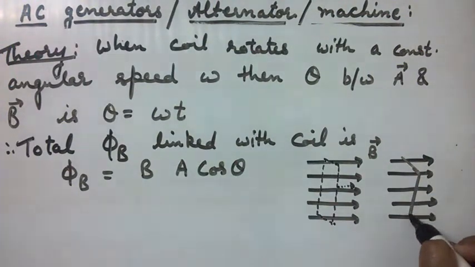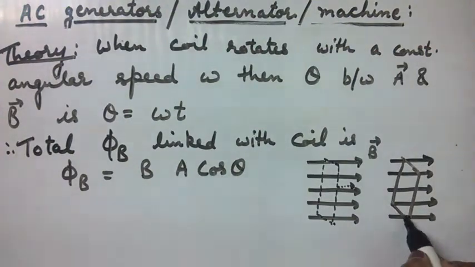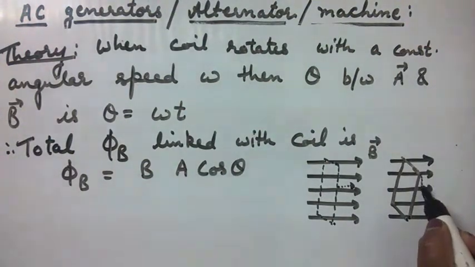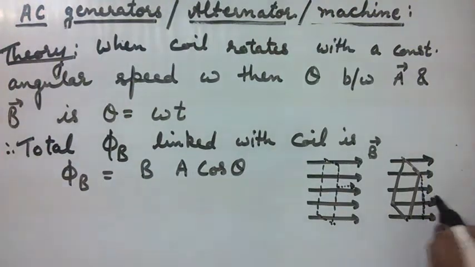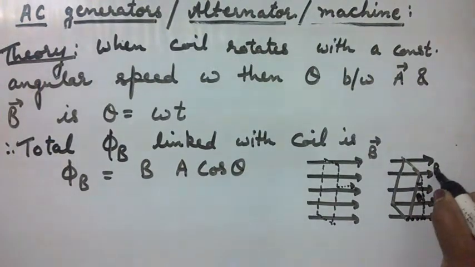This we have discussed earlier also in chapter number 1. Now this is the normal component. This is angle theta between magnetic field and area vector.